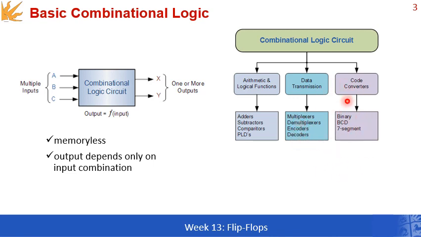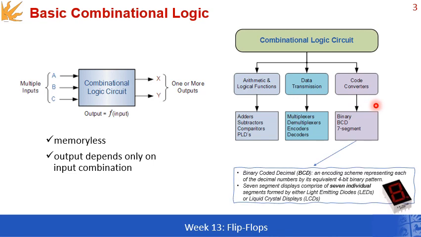And there are also other categories like the code converters. What you should have been familiar with in real life is the example of BCDs, or as we call them, the binary coded decimals. This is a term that refers to a scheme for representing decimal numbers by using 4 bits, and it can be well combined with a 7-segment LED like the one that you see over here.